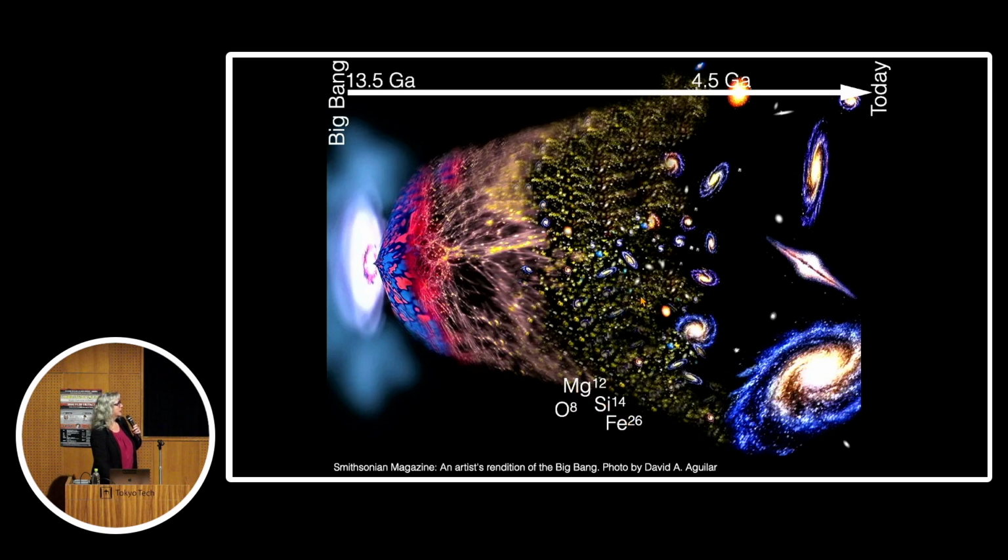And then sometime later, 4.5 billion years ago, is the age of our solar system, where you have these elements in abundance to be able to create planets as we know them. And one important thing here is that iron has a much higher atomic number than oxygen, magnesium, and silicon. And this makes it more dense.